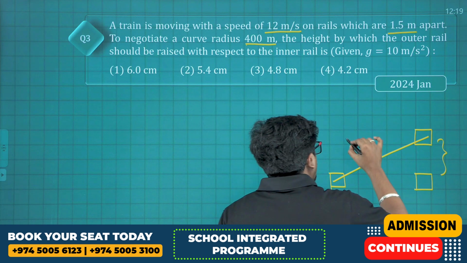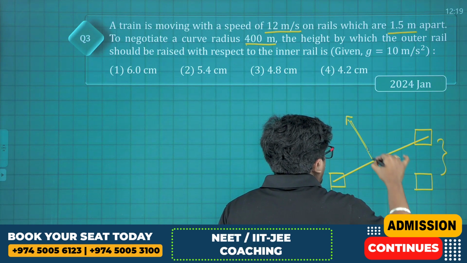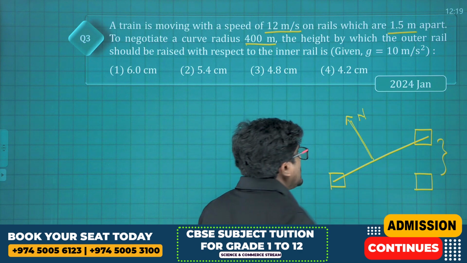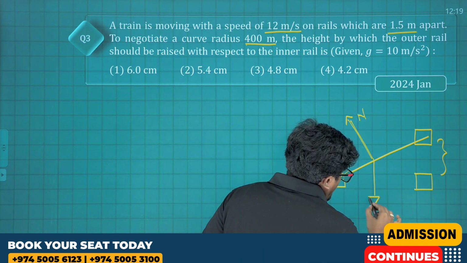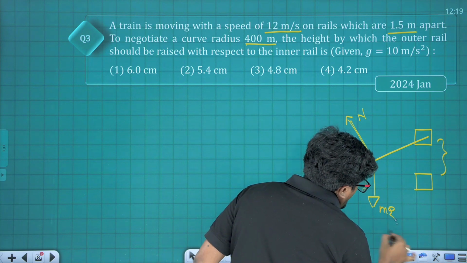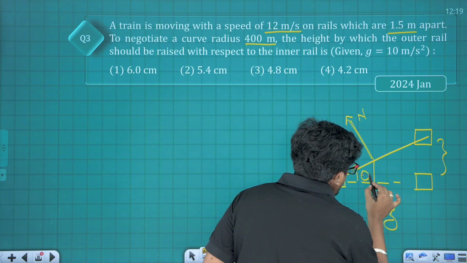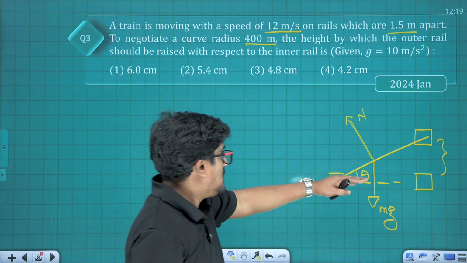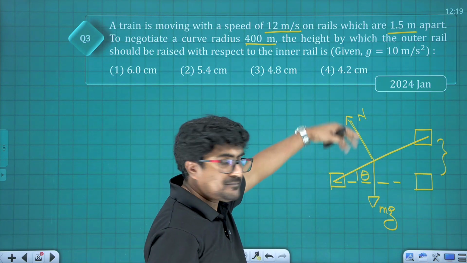So, in this new inclination, if I consider the forces acting on the train, capital N is going to be the normal reaction and M into G, it's going to be the weight. And here this is the horizontal and theta is the angle through which this particular rail got lifted.